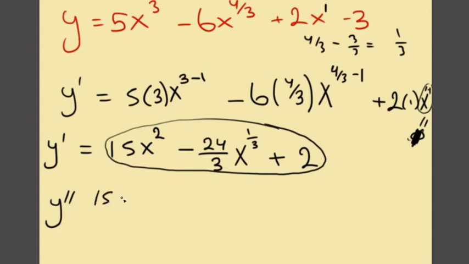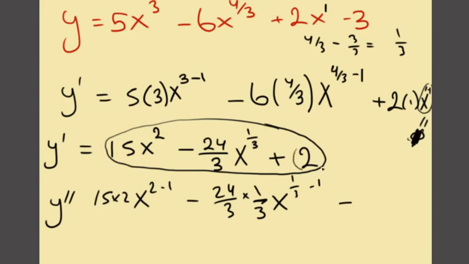It's 15 multiplied by 2, x to the power of 2 minus 1, minus 24 over 3 multiplied by 1 over 3, x to the power of 1 over 3 minus 1, and then this will become 0, so we don't have to include it. Then you simplify this, and that will be your second derivative.